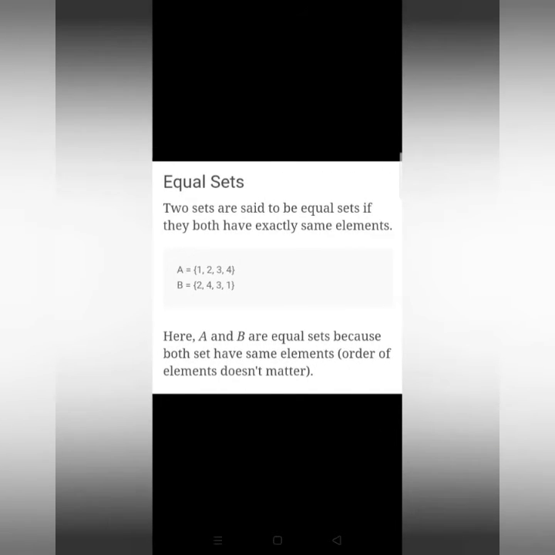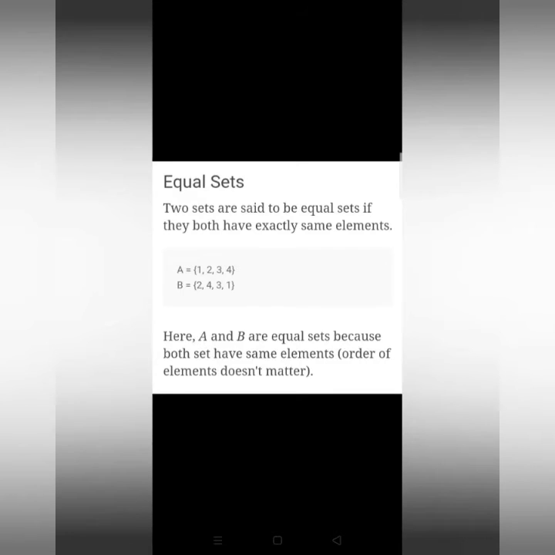Next, equal sets. Two sets are said to be equal sets if they both have exactly the same elements. Right? In the above type, the number of elements is equal, but the sets do not have the same elements.